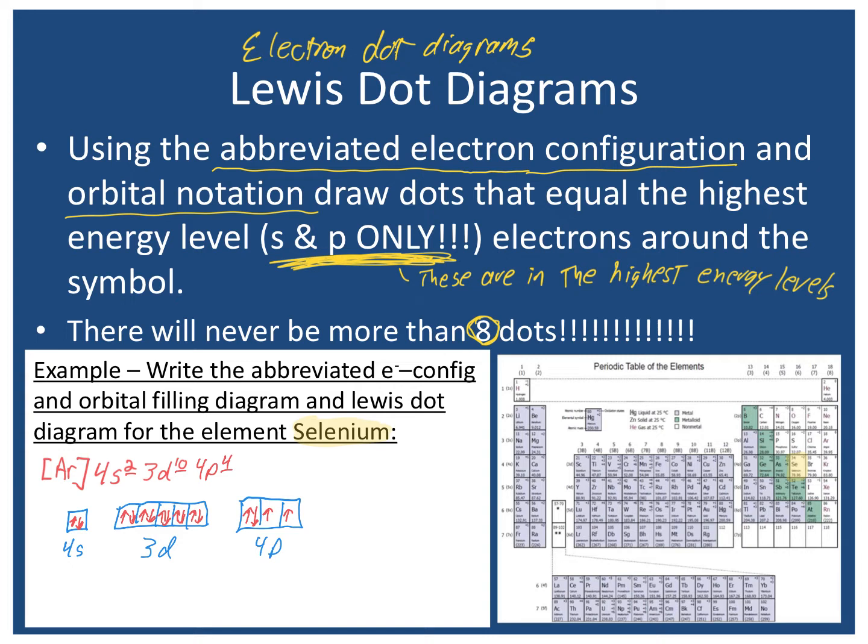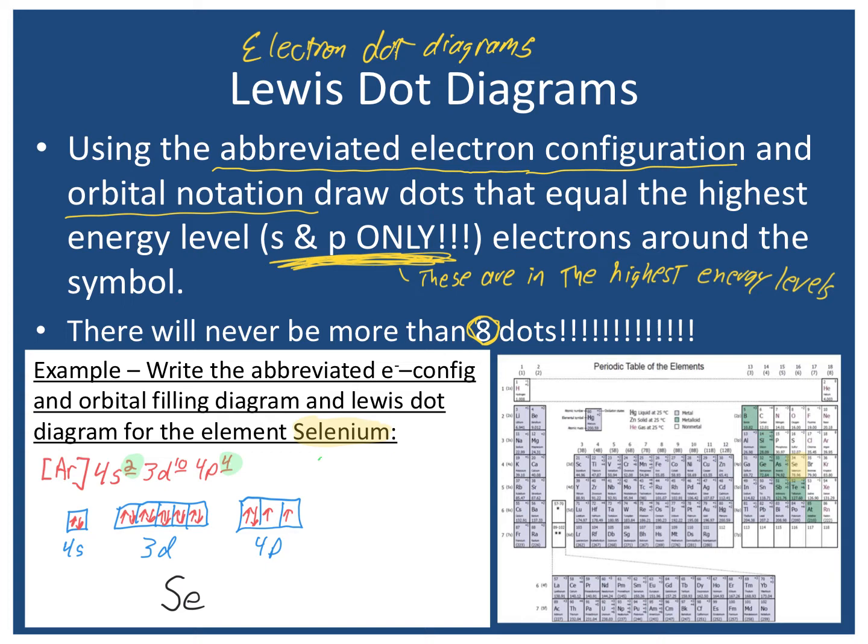The new part is the Lewis dot diagram. Lewis dot diagram, super easy. I take my symbol for selenium, which is Se. I add up my number of s electrons plus my number of p electrons.